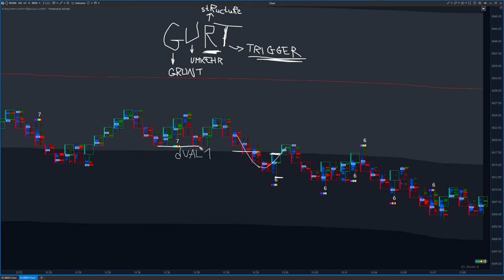What was happening here? We had this low. I need to clean these drawings a little, and I will explain what structure means. It's a very simple thing from smart money concept. We have this high. We're talking in smart money concept about break of structure and change of character.